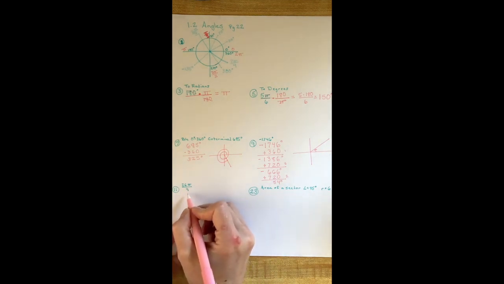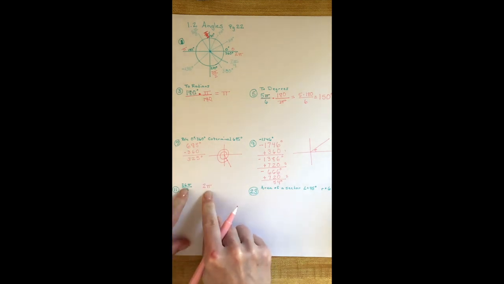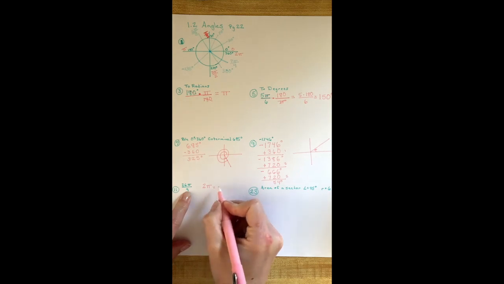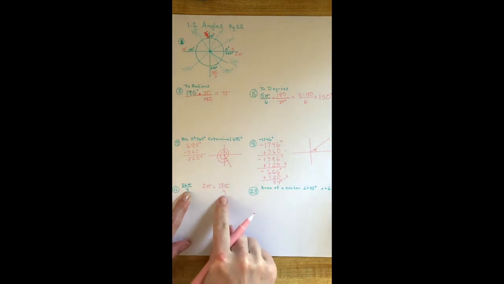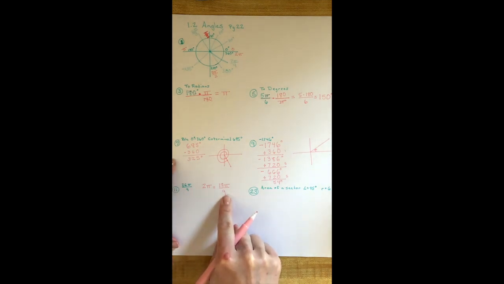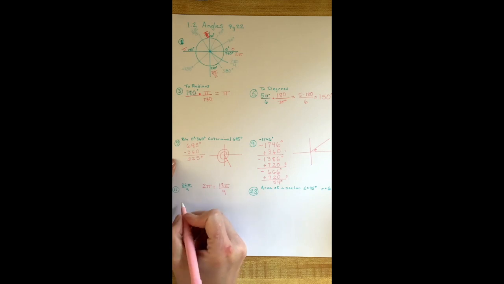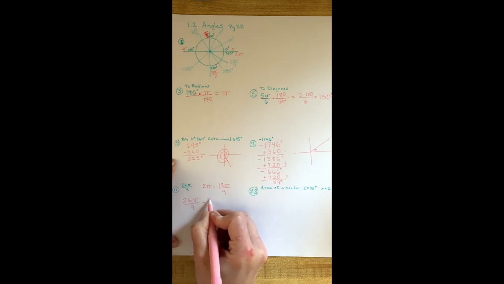So for this one, if I want 2 pi to have a common denominator, it's going to be 18 pi over 9. So I need to subtract 18 pi over 9. See how they have a common denominator? We've got 26 pi over 9 minus 18 pi over 9.